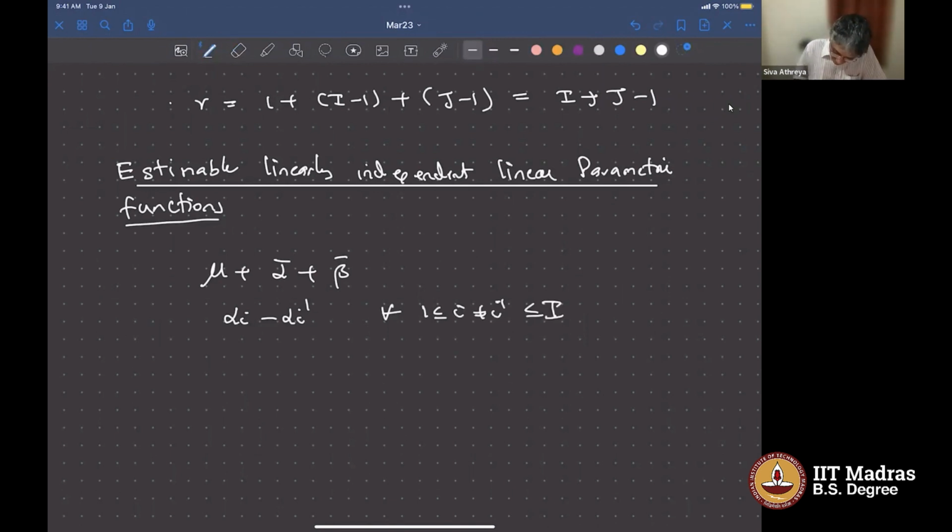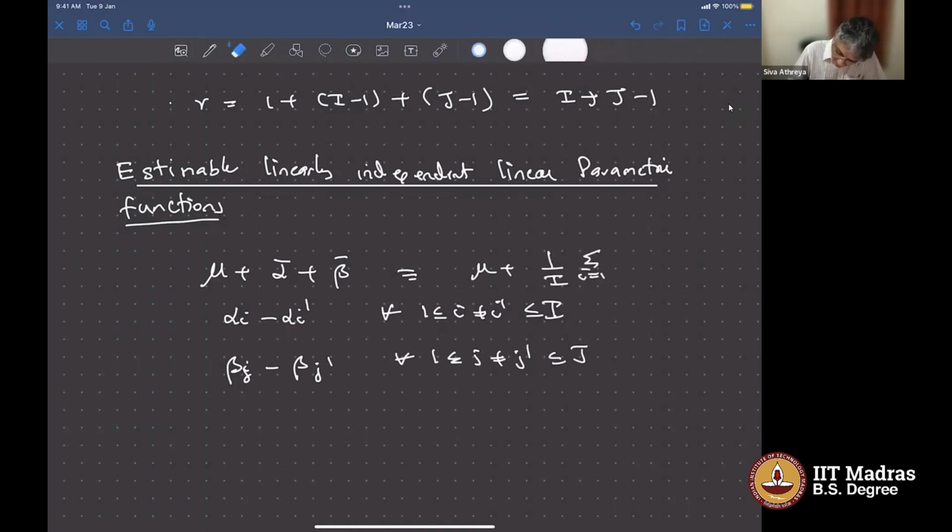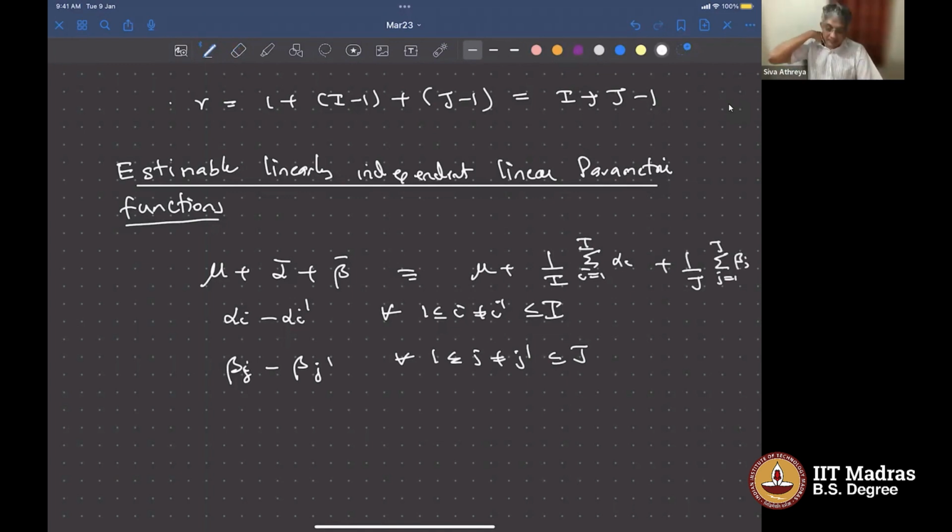You can also do beta j minus beta j prime for all 1 less than or equal to j not equal to j prime less than or equal to capital J. And here your mu plus alpha bar plus beta bar is mu plus 1 over I times the sum from i equal to 1 to I of alpha i, plus 1 over J times the sum from j equal to 1 to capital J of beta j. So these are the estimable functions that you can have, linearly independent.